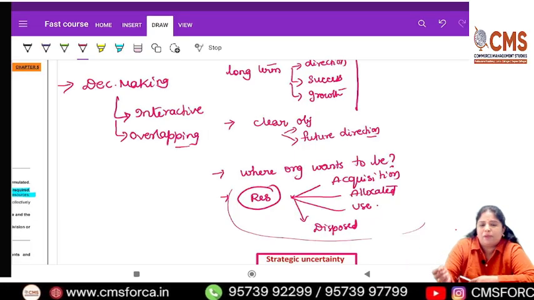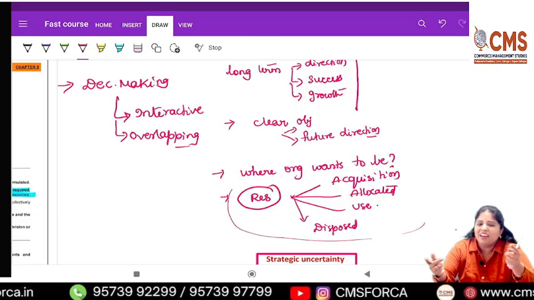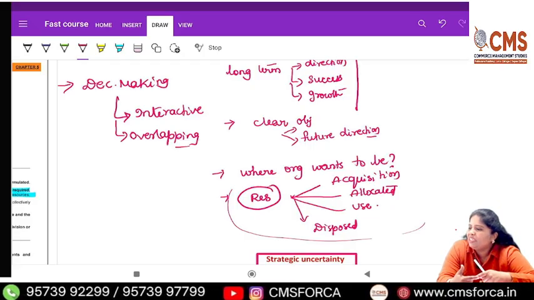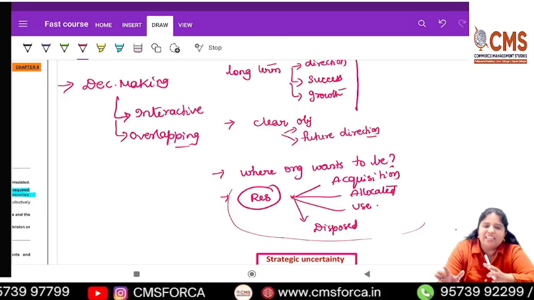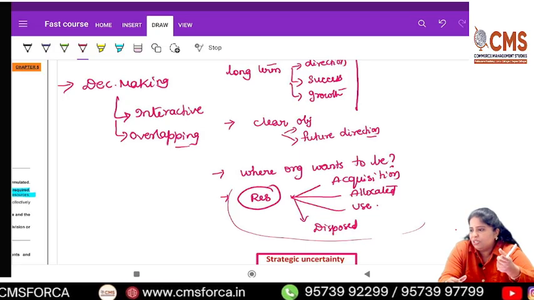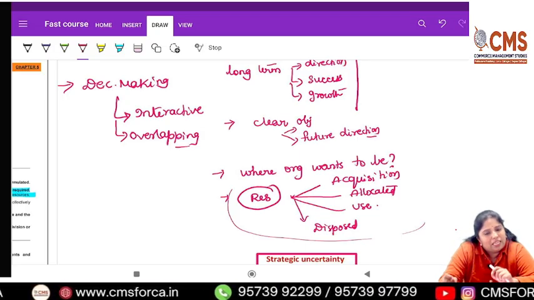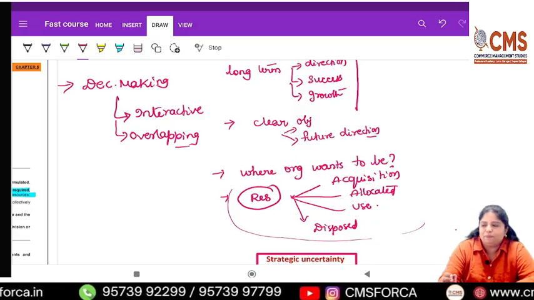But another manager might say, I don't have a sufficient budget for that. So they are contravening and overlapping decisions. They might come up with different decisions, but at the end they interact, collaborate together and finalize on one decision. So strategic planning helps in decision making which is interactive and overlapping.